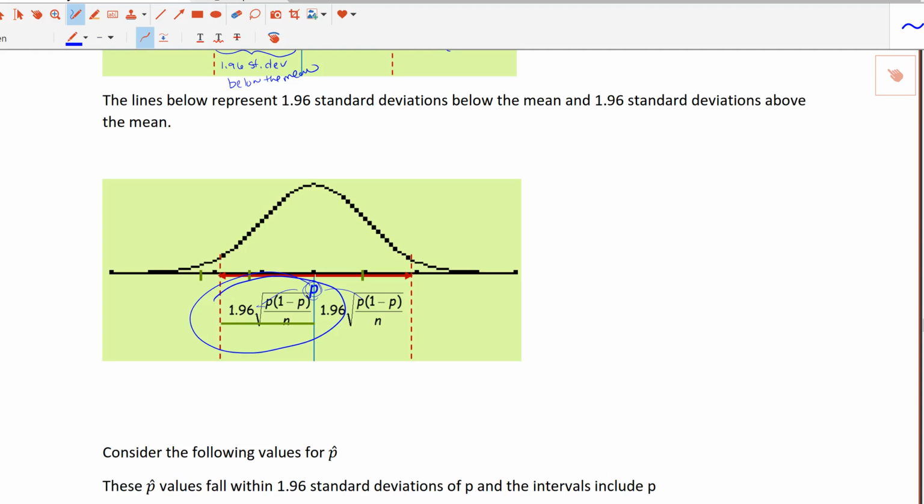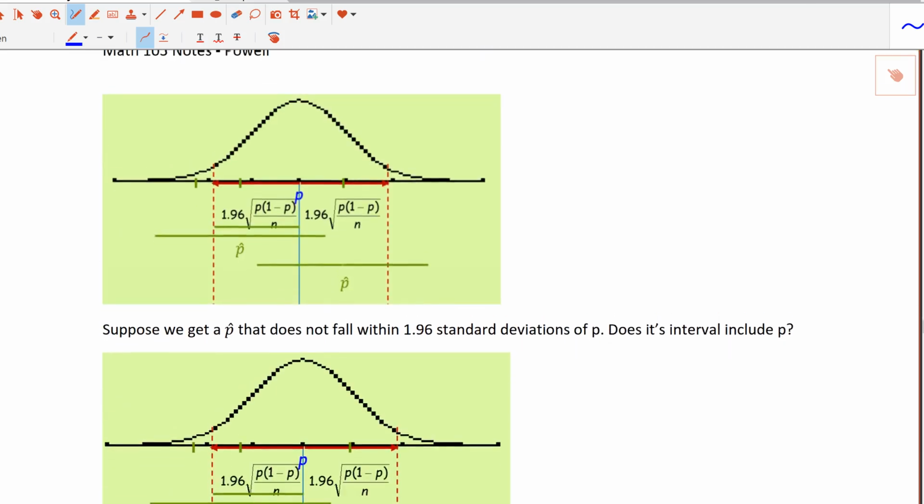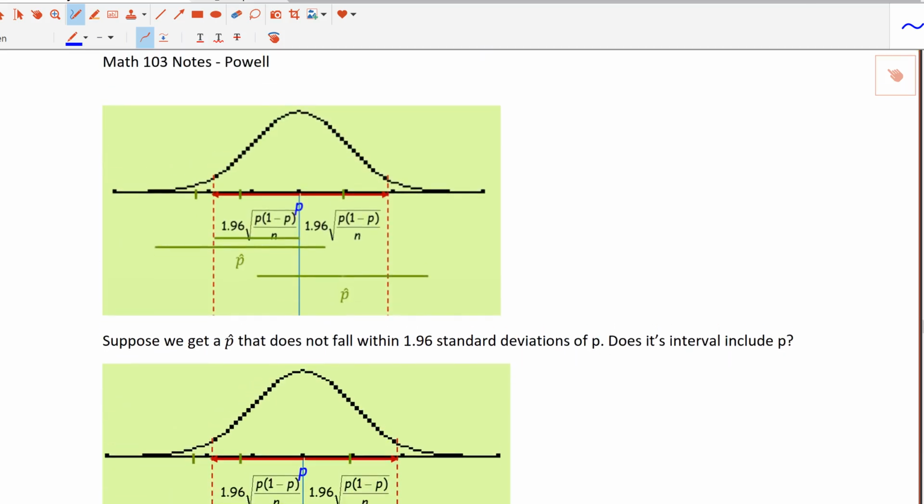We're going to use this to create an interval of values to estimate P. So consider the picture here. If P really was right here, then all of our values within 1.96 standard deviations below and 1.96 standard deviations above the mean are on this line right here that I've just drawn. It's that red line.